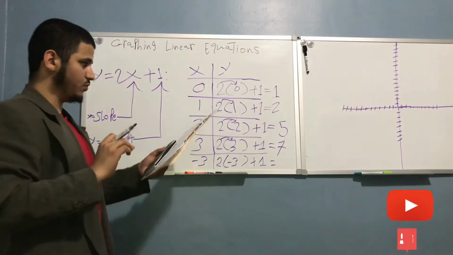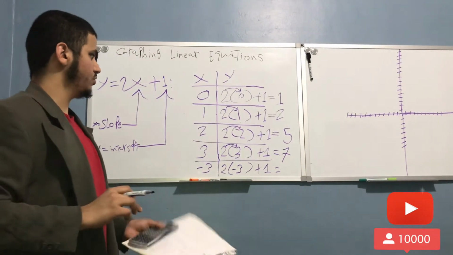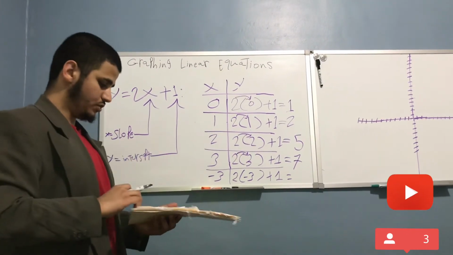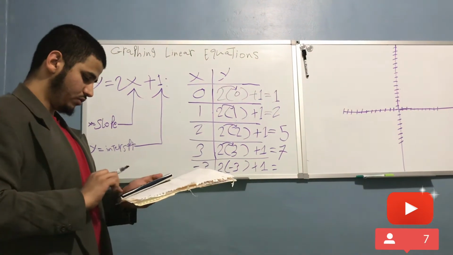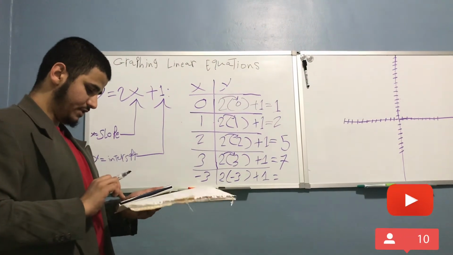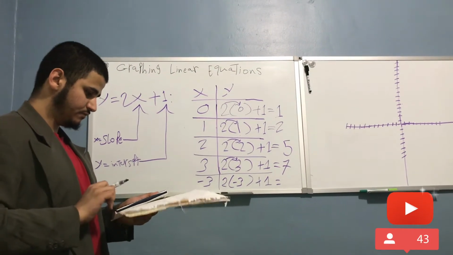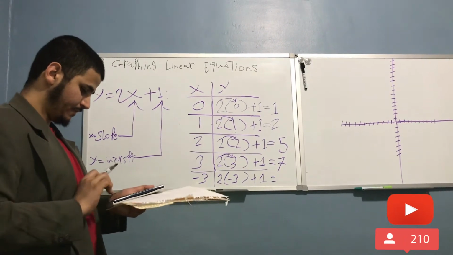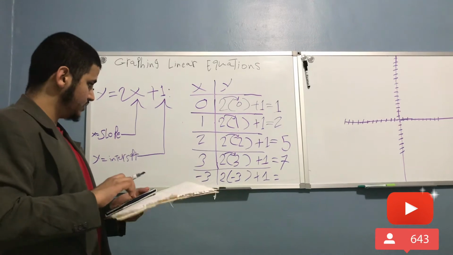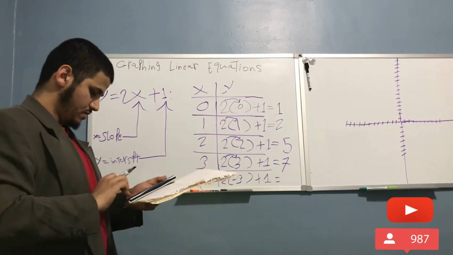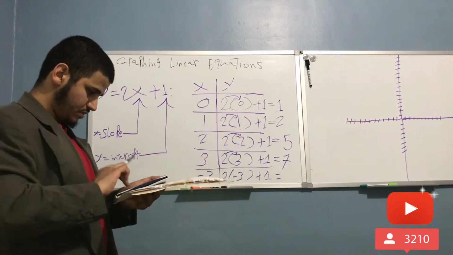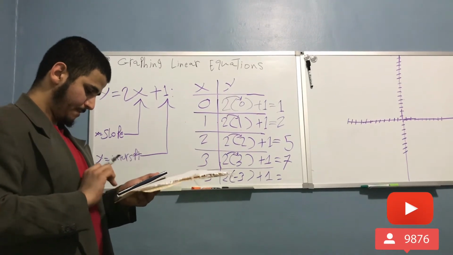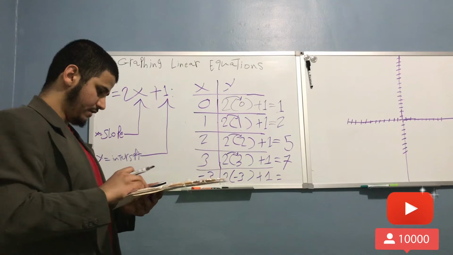Use a calculator if you need to do it faster or quickly. You do the 2 and negative 3 inside the parentheses: negative 6 plus 1. So you get negative 5 here.